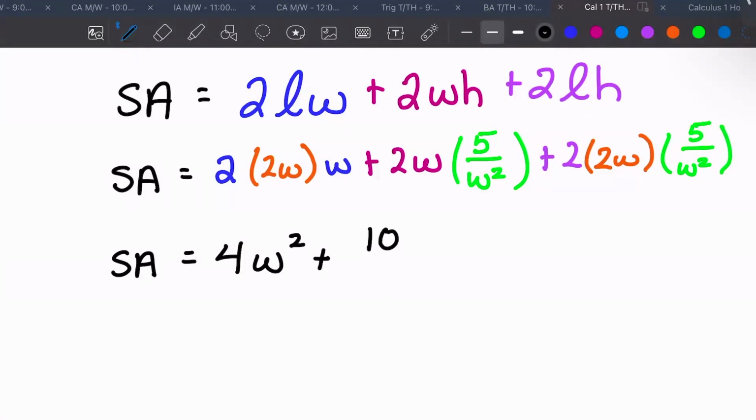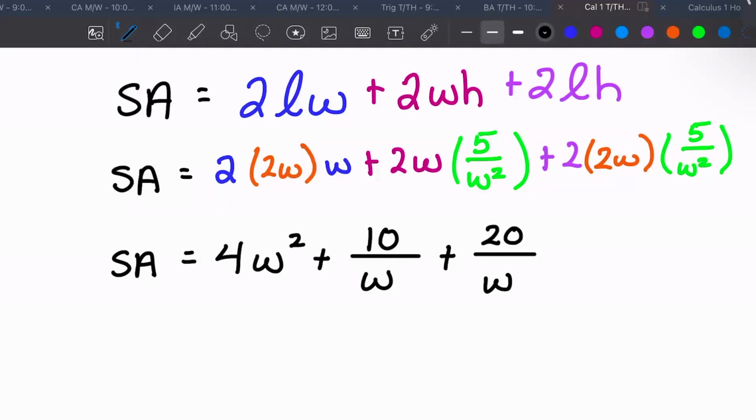So 10 over W. Plus, you have 2 times 2 is 4, times 5 is 20. And then same thing, W over W squared would leave you with W in the bottom. 20 over W. All right. Well, 10 over W plus 20 over W, those have a common denominator.